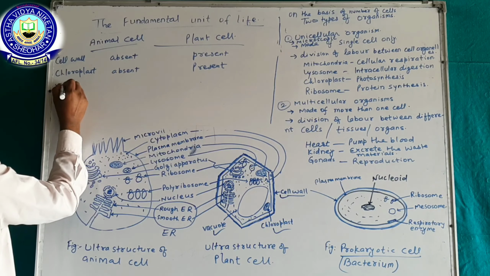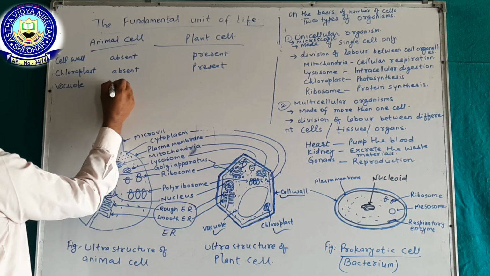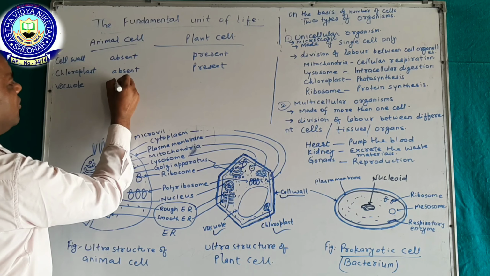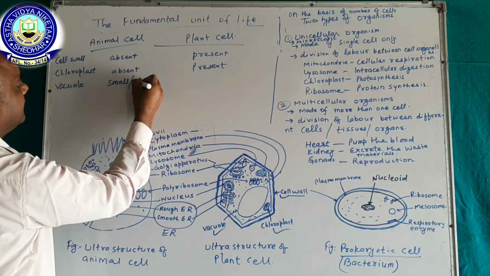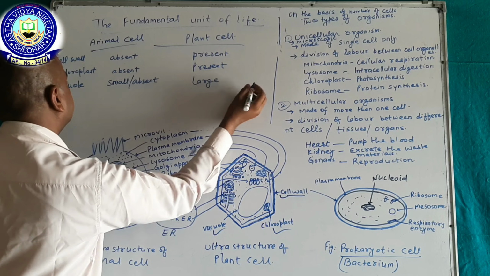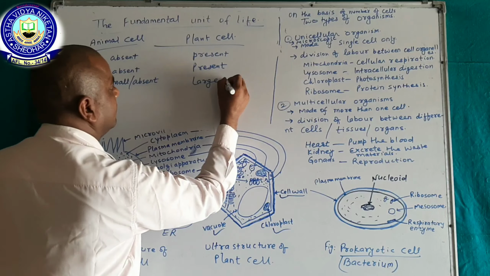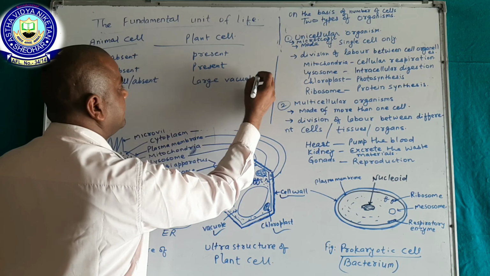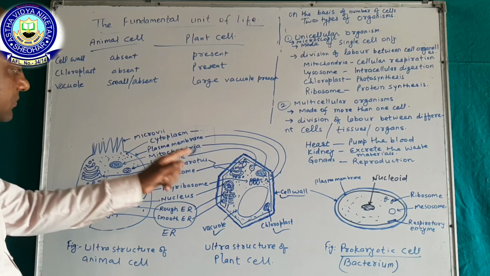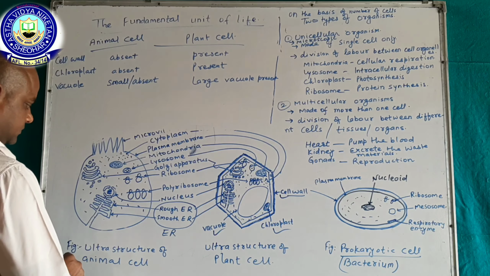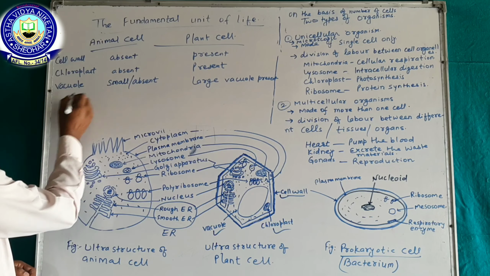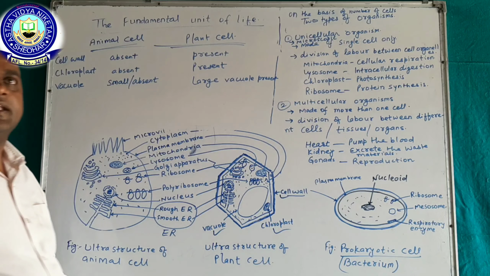Vacuole: in animal cell it may be small or absent; in plant cell a large vacuole is present. These are the differences between plant cell and animal cell.